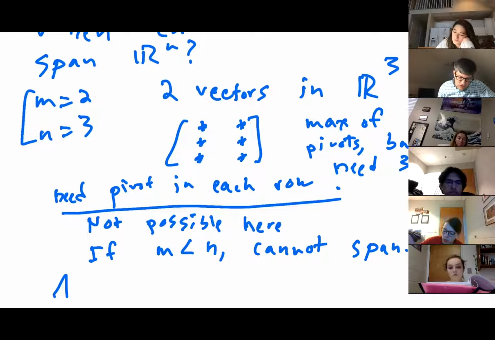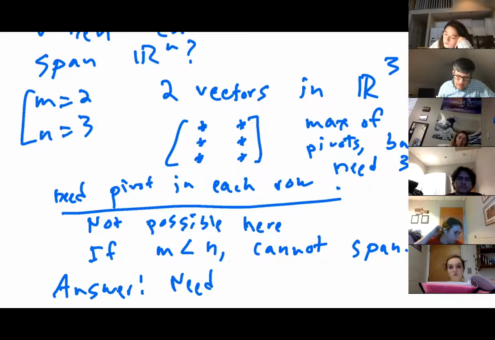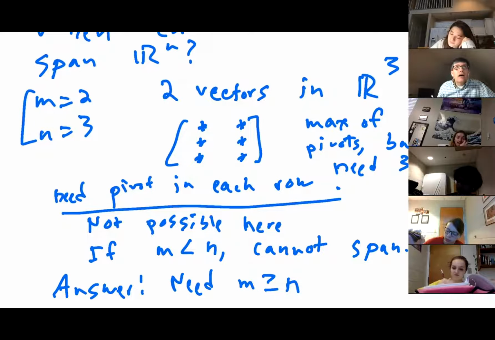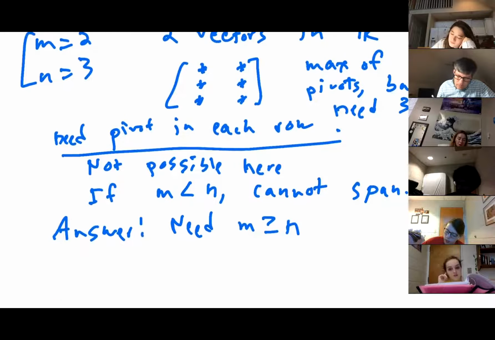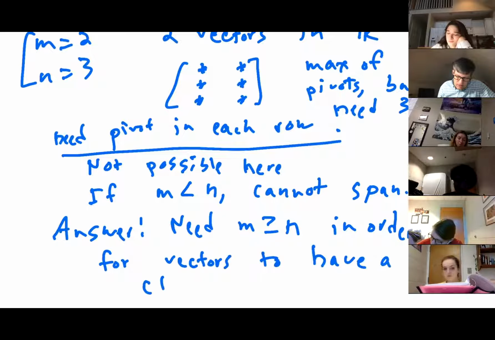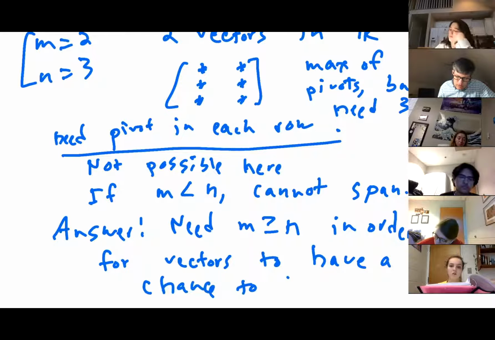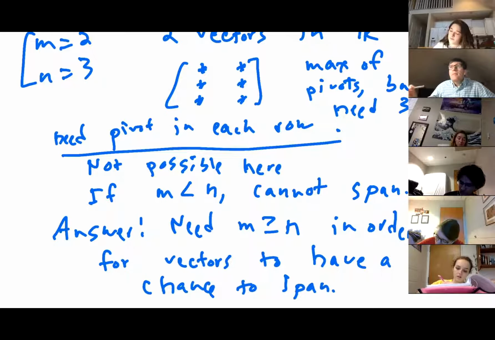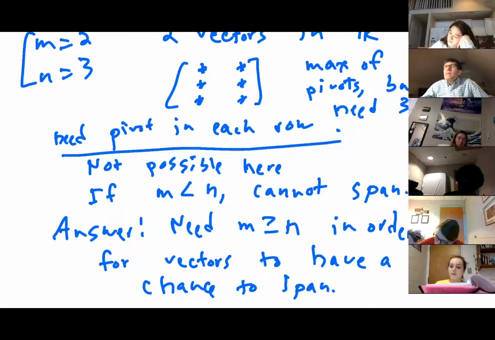So maybe my answer should be: need M to be greater than or equal to N in order for vectors to have a chance to span. Right? Does that make sense, Carrie?